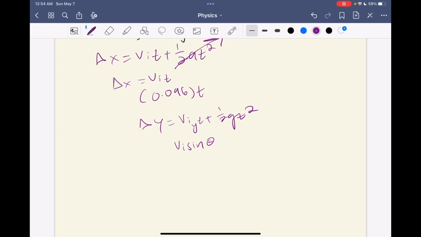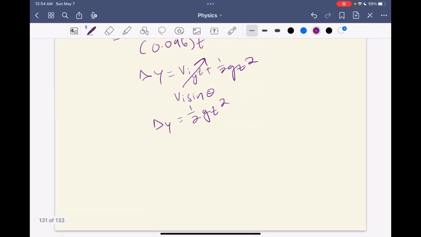But there's no angle. Theta equals 0. And so that means the whole thing would be 0 because sine of 0 is equal to 0. So that cancels out. So we're left with 1/2 g times time squared equals delta y.